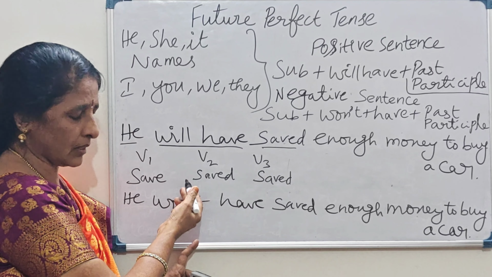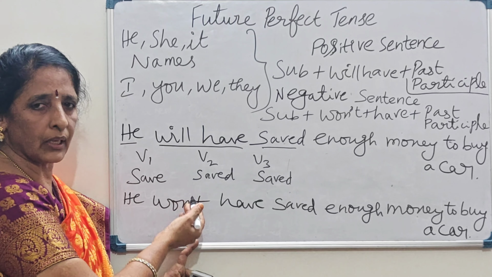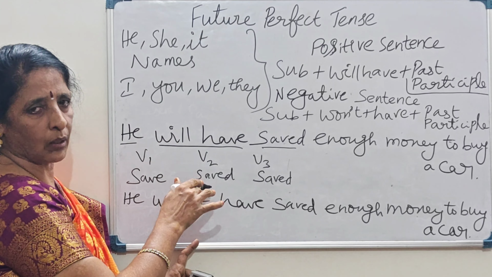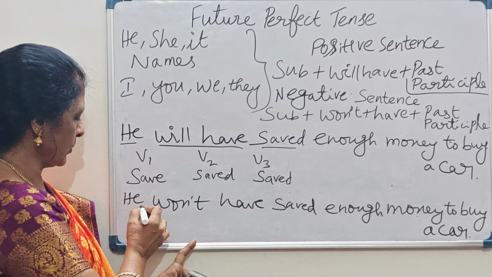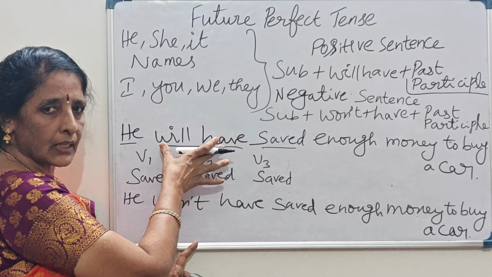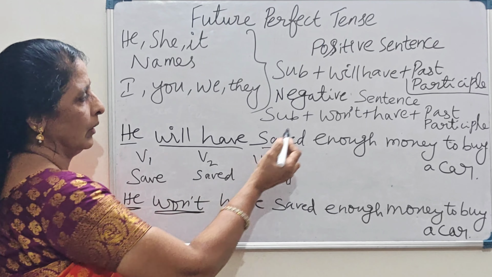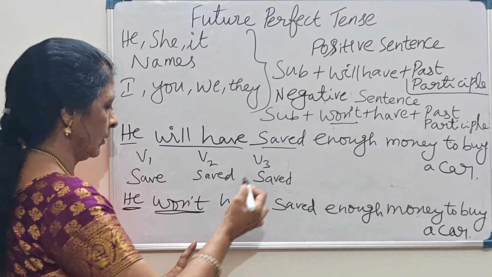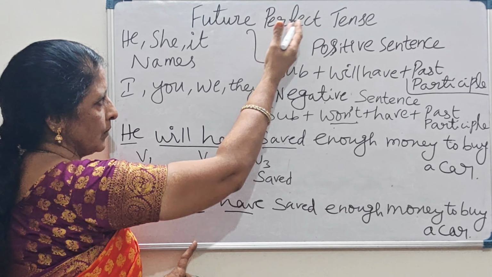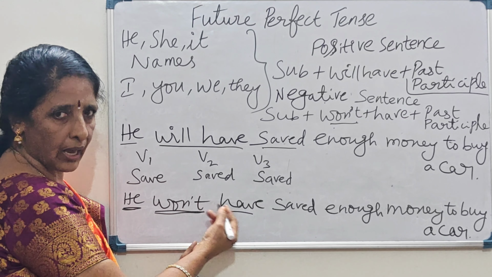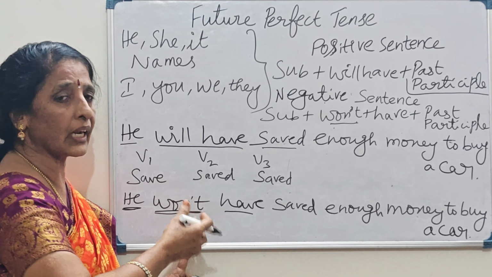Here in this sentence, an action will be completed before a specific time in the future. You see, this is a positive sentence, this is a negative sentence. He is the subject, won't is negative. Have, because for future perfect we have to write will have or won't have. Here won't we can also write as will not.